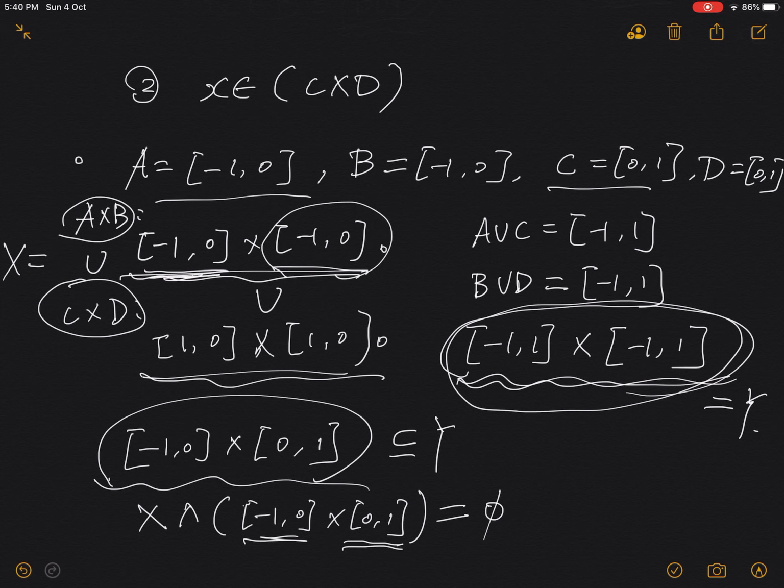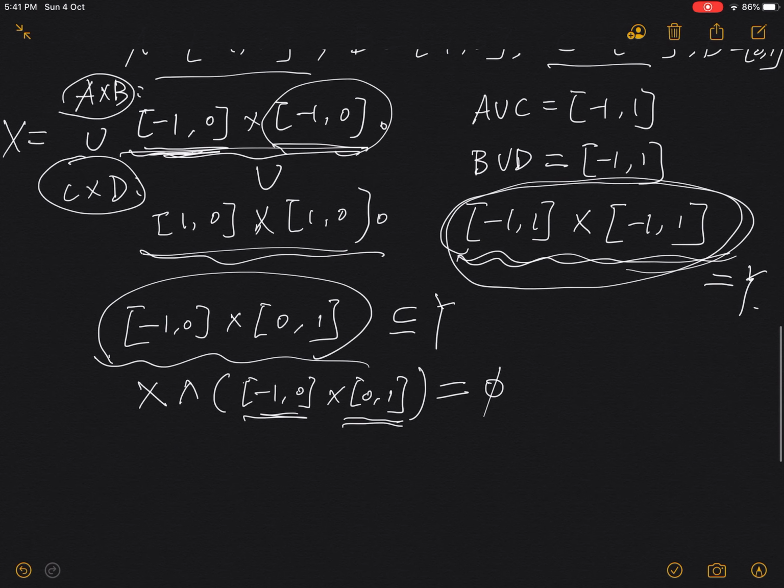So the intersection is empty. So the equality doesn't hold necessarily.